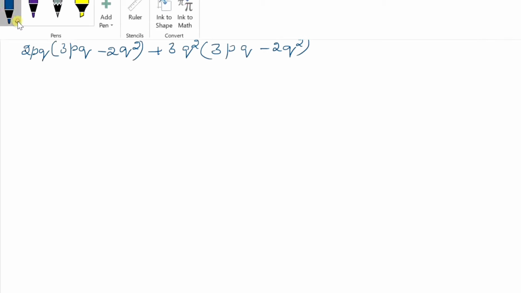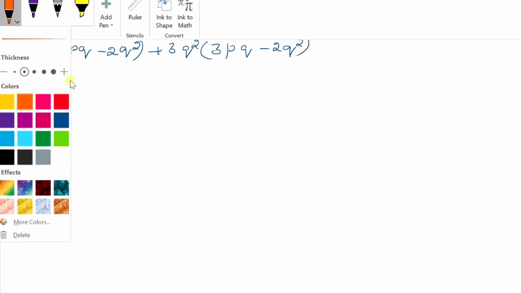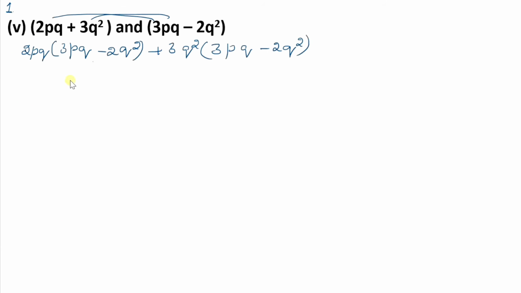And of course, you are familiar with the product of a monomial and a binomial. Now, let us find the product of this monomial and a binomial. Now, 2pq into 3pq. While finding the product, you have to find the product of their coefficients. 2 into 3 is 6, p into p is p square, q into q is q square.